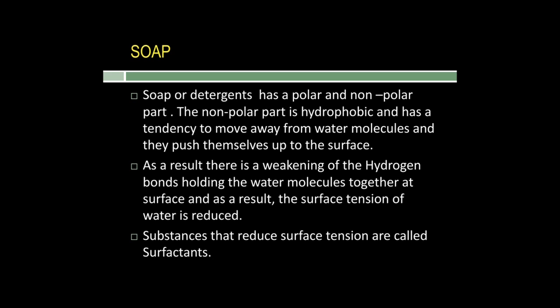As a result, there is a weakening of the hydrogen bonds holding the water molecules together at the surface, and as a result of the reduced attractive cohesive interaction between the water molecules, the surface tension of the water is reduced. Substances like soaps and detergents which can reduce the surface tension are called surfactants.